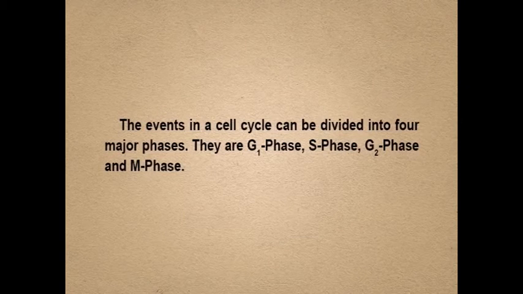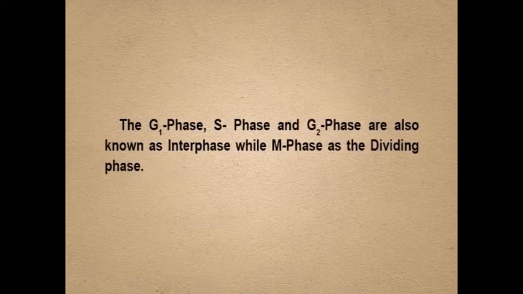The events in a cell cycle can be divided into four major phases. They are G1 phase, S phase, G2 phase, and M phase. The G1 phase, S phase, and G2 phase are also known as interphase, while M phase is the dividing phase.